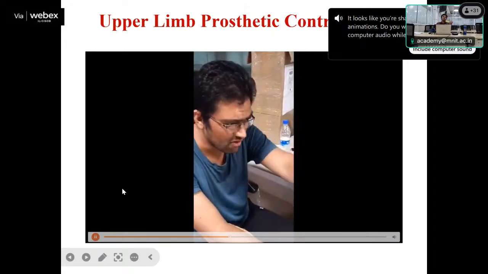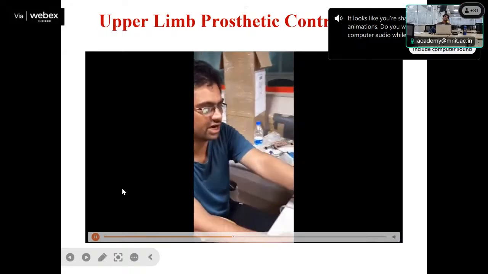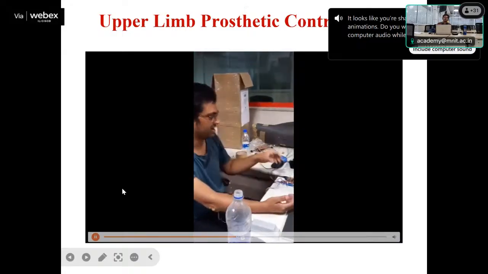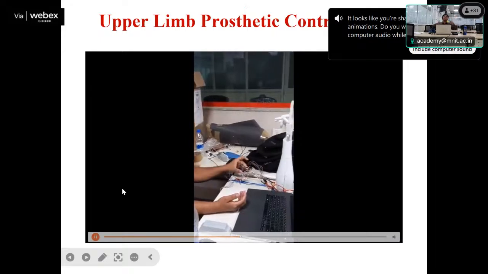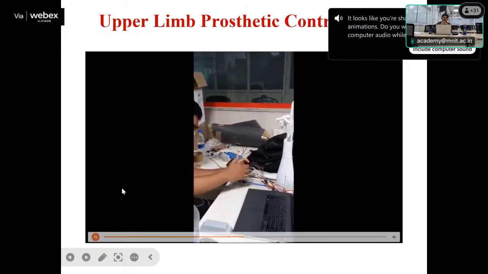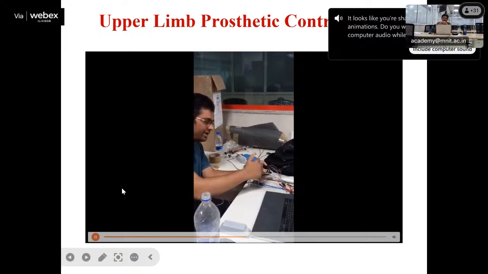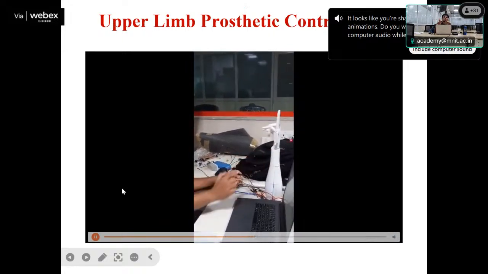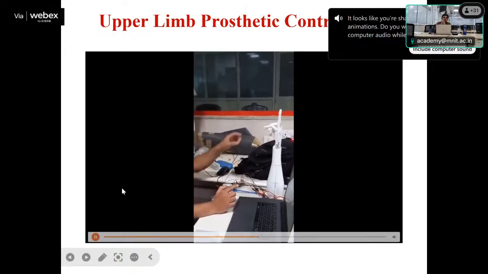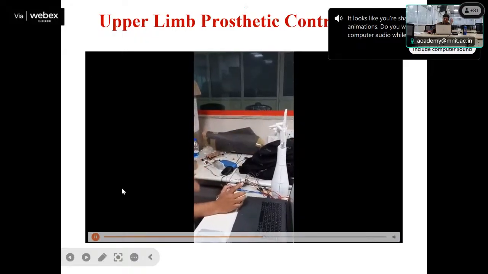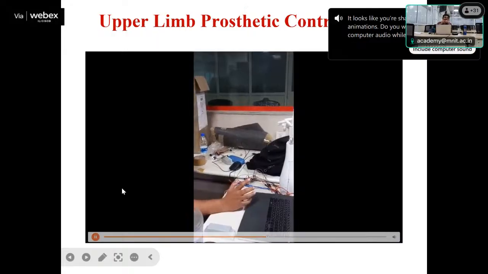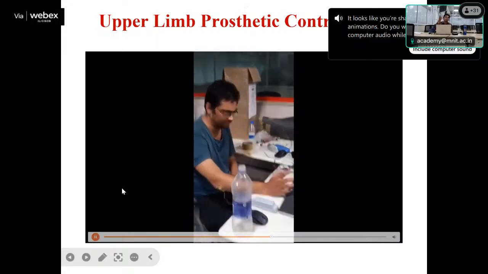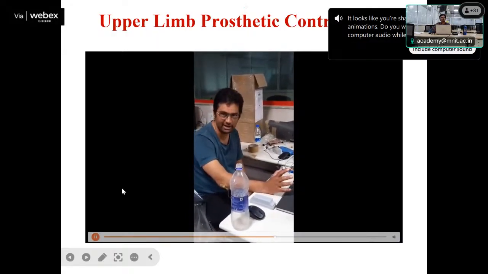According to your muscle movement, you decode which activity has to be performed, or which activity the brain has initiated. That activity is identified, and according to that, the command is sent to a robotic arm through an Arduino board. The Arduino board sends a command to the robotic arm, and the robotic arm performs the activity accordingly.